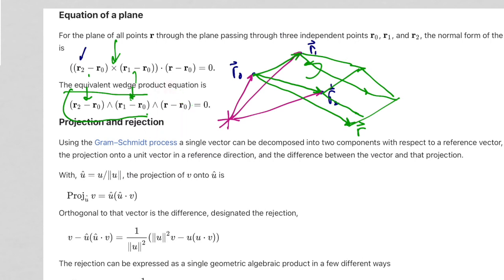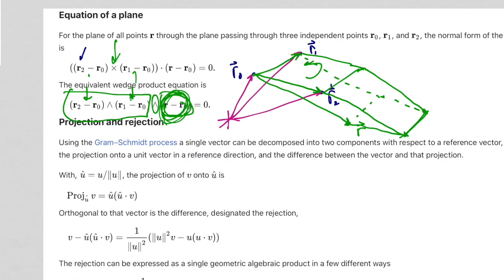Let me see if I can draw this a bit better. Yeah, I guess something like this. It's not that much better, but this is a trivector volume. And obviously, if R is in this bivector plane, which means that this last vector is linearly dependent on these two, then as this gets closer to that plane, this volume shrinks, and eventually it has to be zero, and you have the equation of a plane. So that is how this equation of a plane is handled.